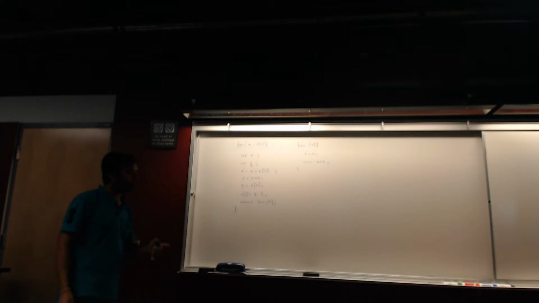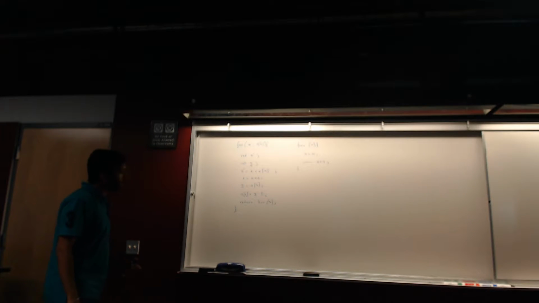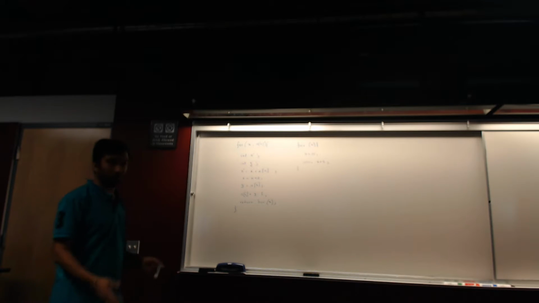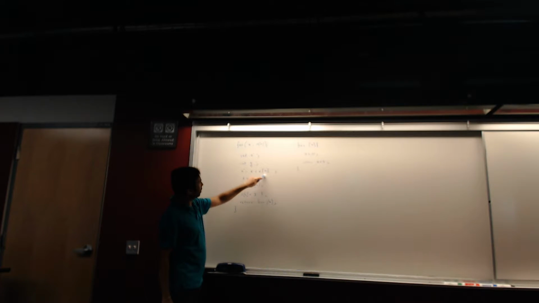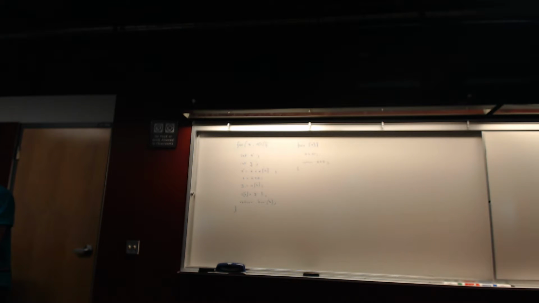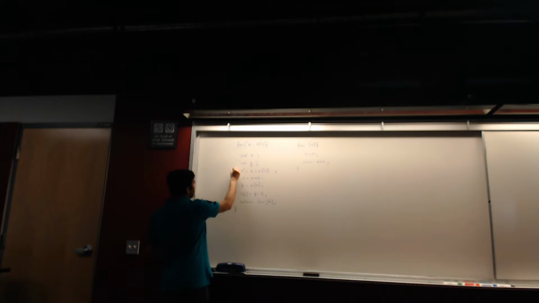So x was 0, a was 0, 1, 2, and b we didn't have any value. Now we call foo(x, a[x]). Since x is 0, a[0] is 0, right? So x dash became x plus a[x]. Which means x was 0, a[x] was a[0]. So 0 plus 0 is 0. So x dash became 0.